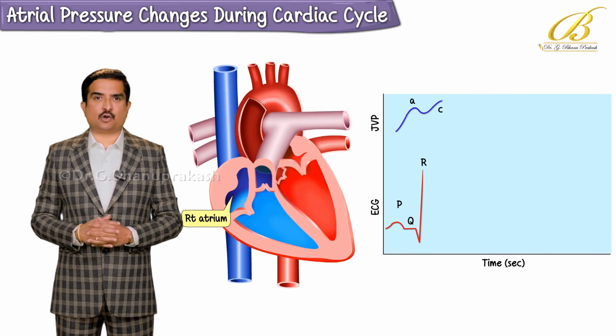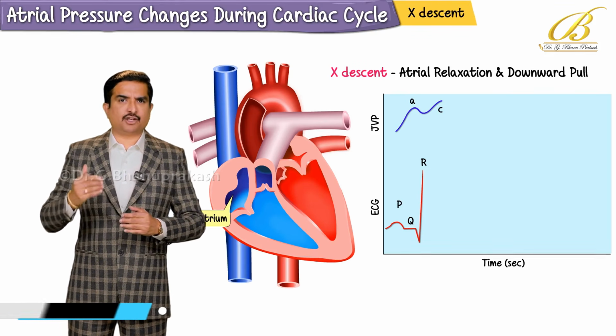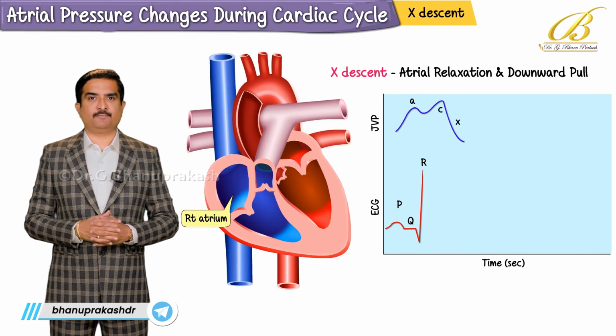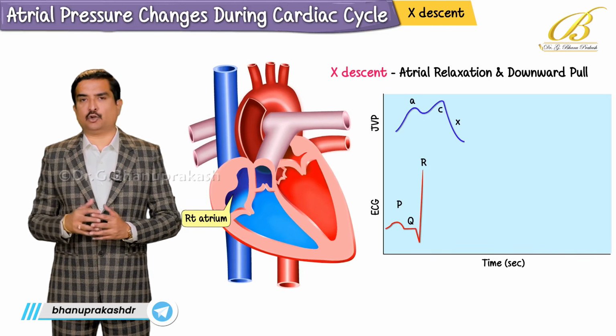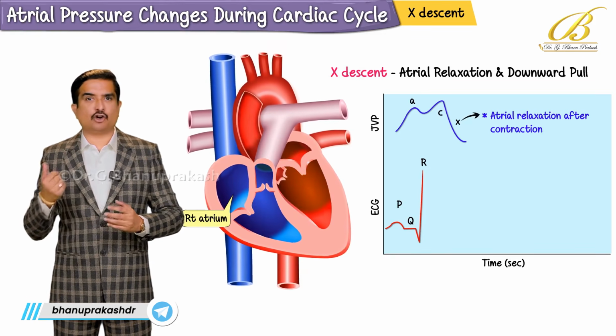Now the next one is called the X descent. The X descent is a sharp fall in the atrial pressure after the C wave. Two things contribute to this descent. The first is atrial relaxation after the contraction.